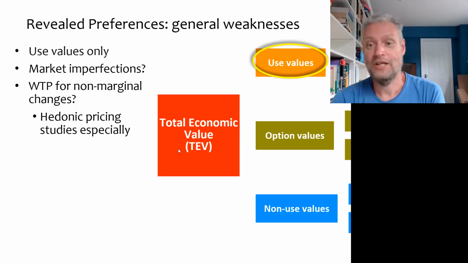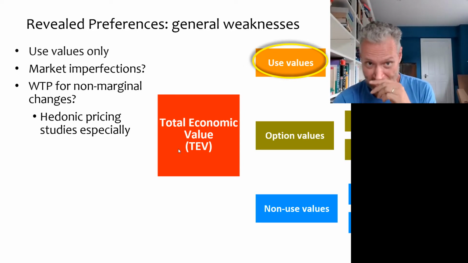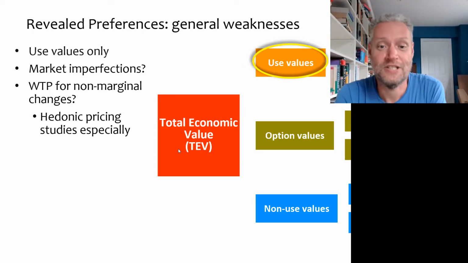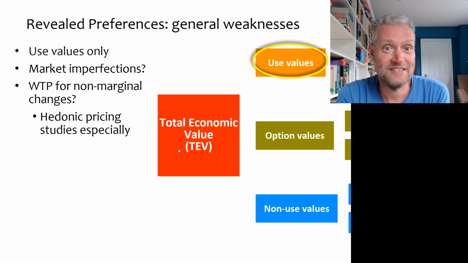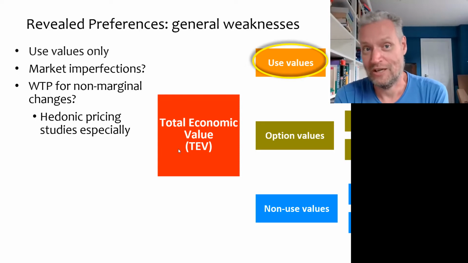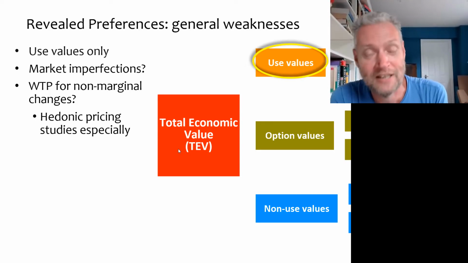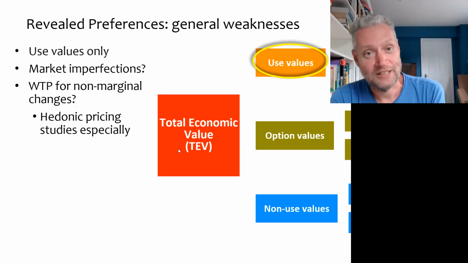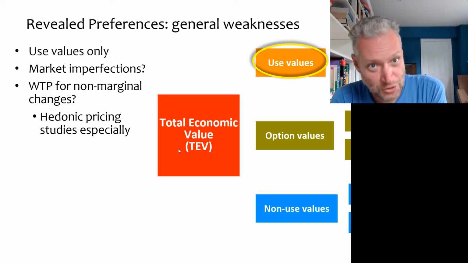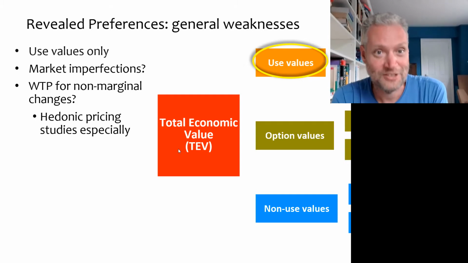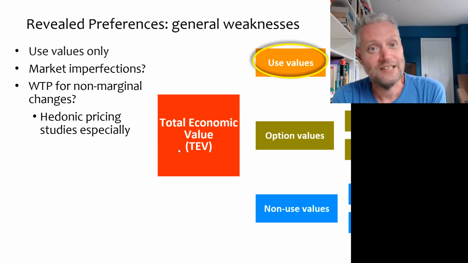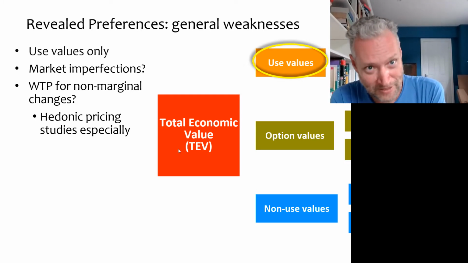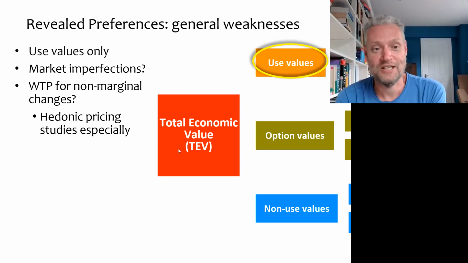So you can only use it for part of the total economic value. Another weakness is that you look at market behavior, and therefore you need to take into account how the market is structured. Imperfect markets do not necessarily reflect people's true preferences, or in imperfect markets the price does not necessarily reflect people's willingness to pay or willingness to accept compensation.